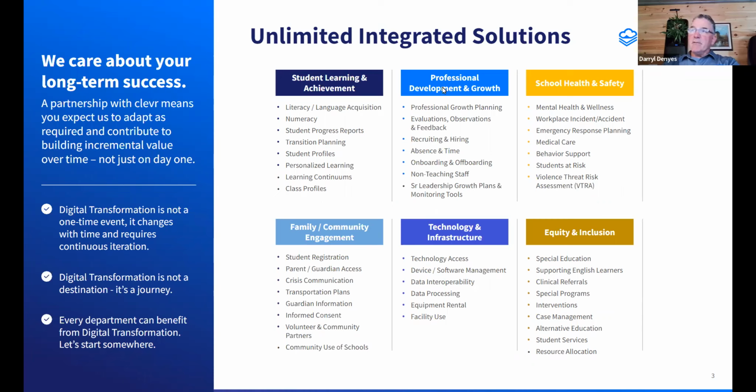But today I'm going to focus on the professional development and growth pillar and share some examples of what we're doing with teacher growth and appraisals, non-teaching staff, and leadership teams, but also some other staff forms that are not necessarily growth and appraisal, such as telework applications, COVID attestations, and recommendation for hire. Those are some of the forms we're going to highlight.